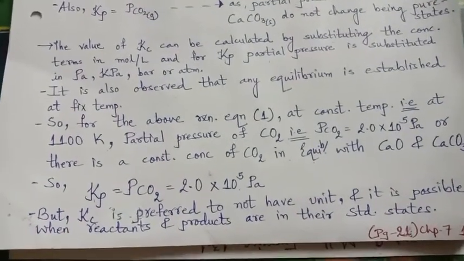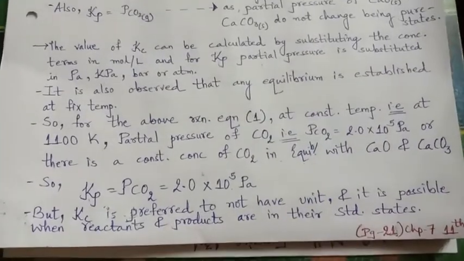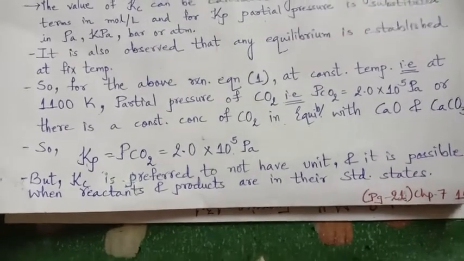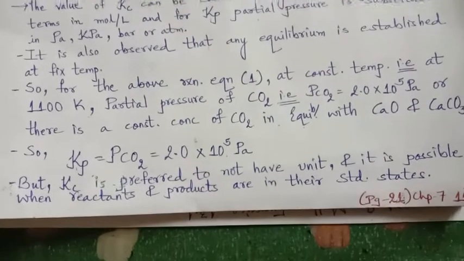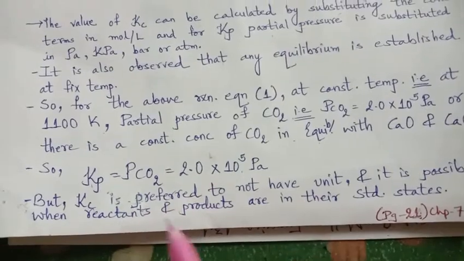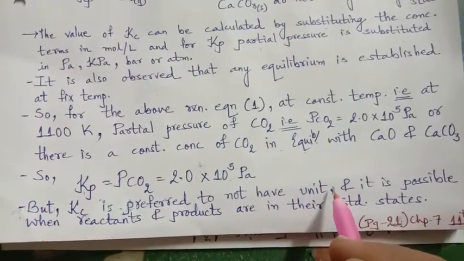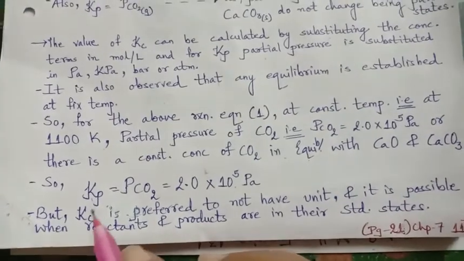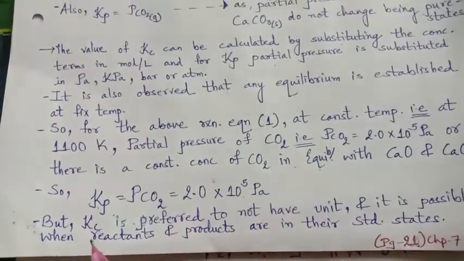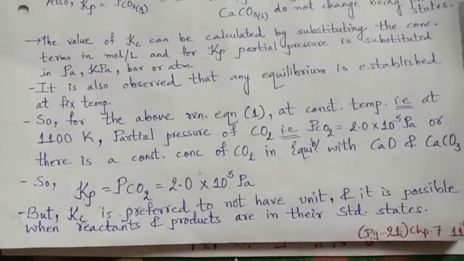But with the variety of reactions and experiments, it has been observed and considered that Kc is not preferred to have a unit, and it is possible to have Kc dimensionless or unitless only when reactants and products are in their standard states.